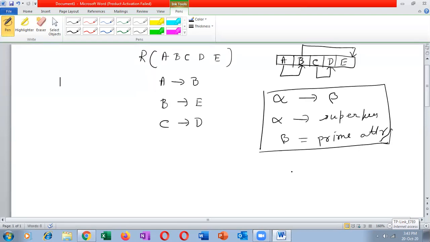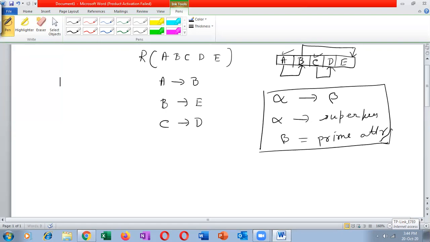Now let me check. First I have to identify the key here. In the earlier class I explained how to identify the candidate keys. Here you can see that only attribute A and attribute C don't have any incoming edges.